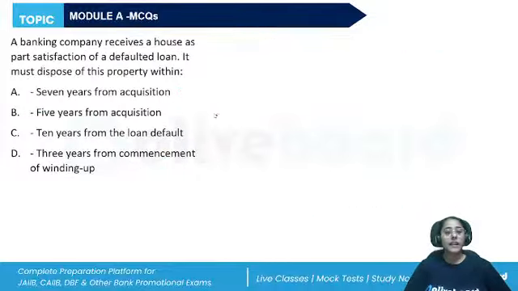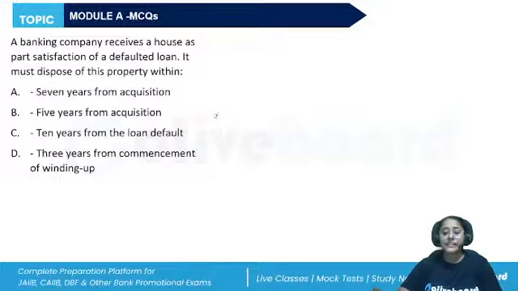Okay, next. Let's say a banking company receives a house as part satisfaction of a defaulted loan. It must dispose of the property within what period? This is another clause: the banks are not allowed to hold immovable property. No banking company shall hold any immovable property except what is obviously required for its own use.